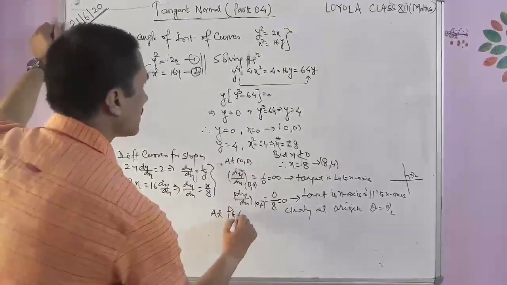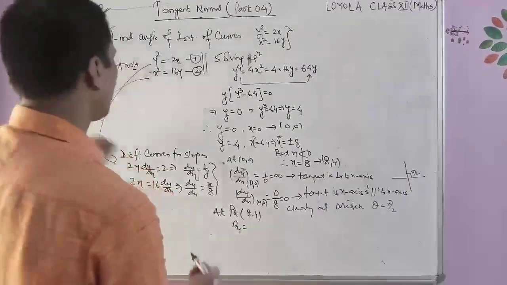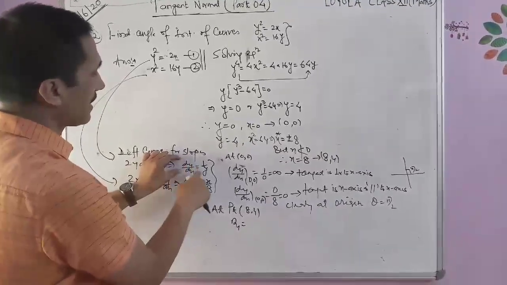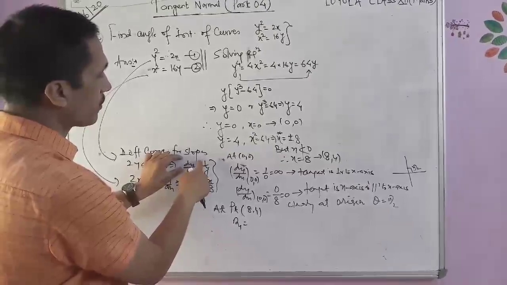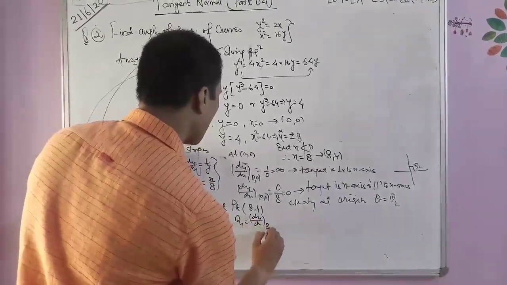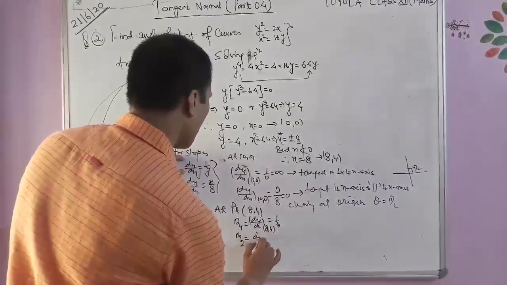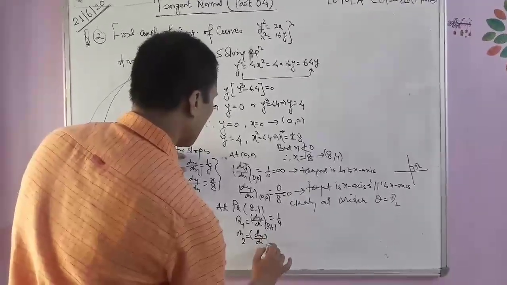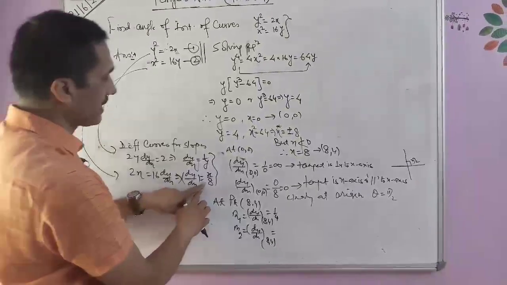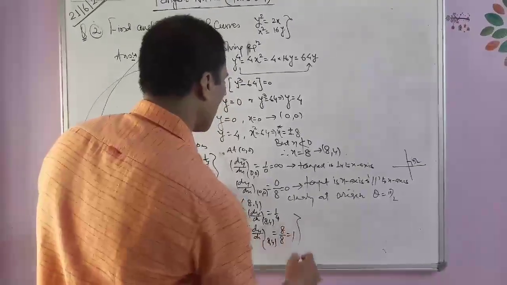Similarly, at the point (8, 4): m1 is dy by dx at (8, 4) for the first curve. Here y equal to 4, so 1 by 4. And m2 is dy by dx at (8, 4) for the second curve; here x equal to 8, so 8 by 8 equal to 1.